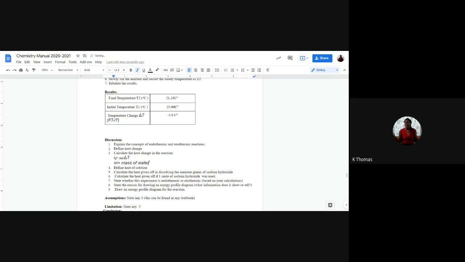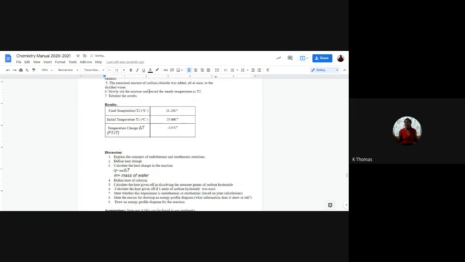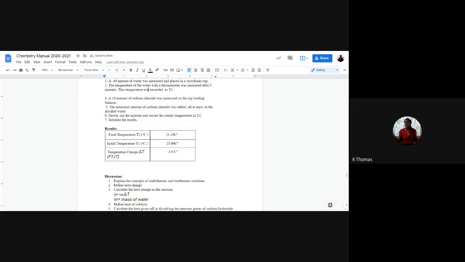And from the method, I go back into the method. Remember, I used 40 ml of water. The mass of water given 40 ml was used.